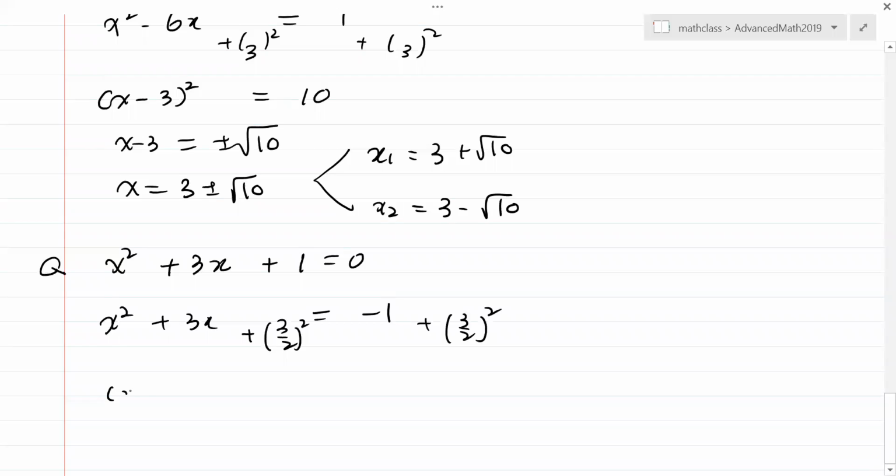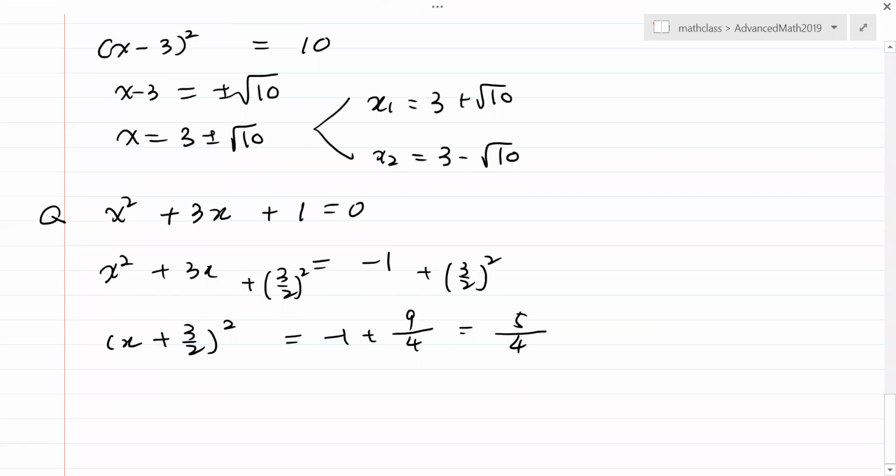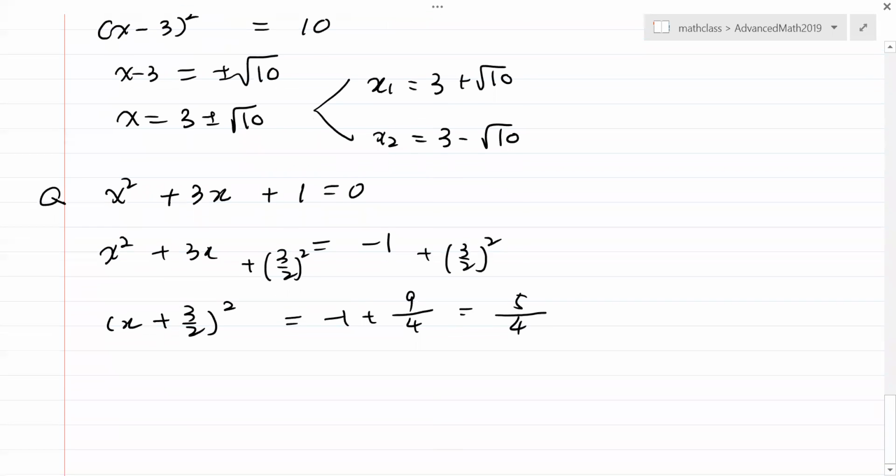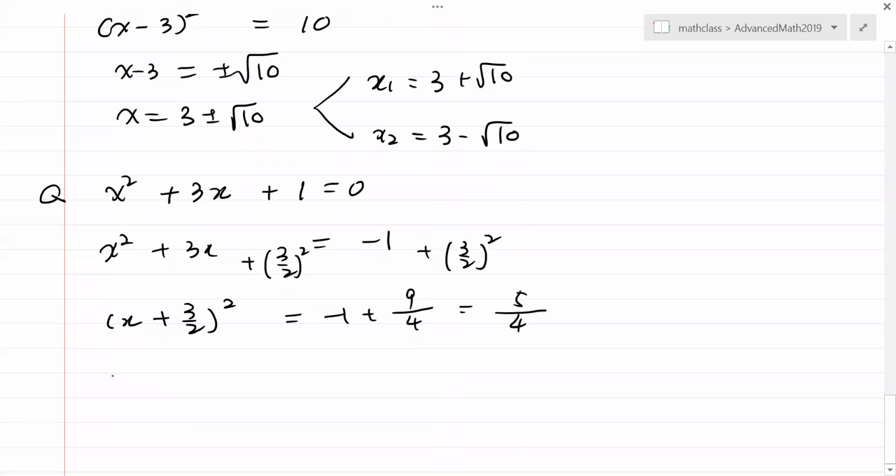Then the left hand side can combine to (x plus 3 over 2) squared. The right hand side is 9 over 4, and combining them, I get 5 over 4. So something squared equals 5 over 4, then x plus 3 over 2 is plus or minus the square root of 5 over 4, which is square root of 5 over 2.